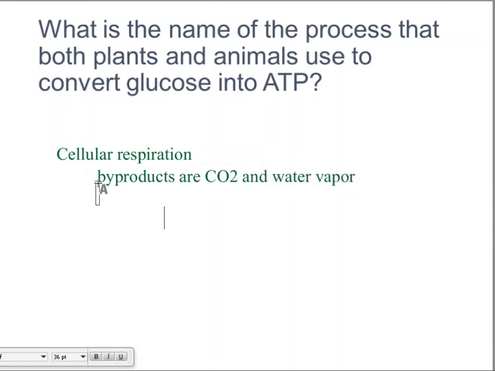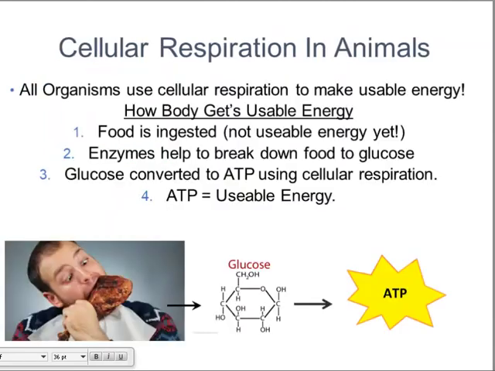And that's the big one, ATP. Okay, so because the organism is producing carbon dioxide, that's why we call it respiration. Just like when you breathe out, you're releasing carbon dioxide.